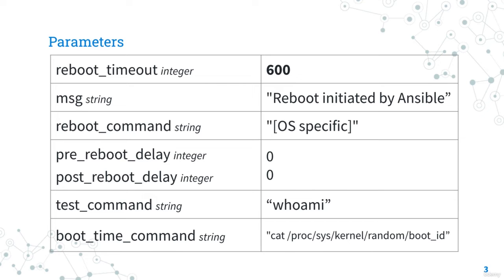Once the target host is rebooted, Ansible is going to verify the system is fully working using a test command. The default is whoami, but you could customize it using the test_command parameter.